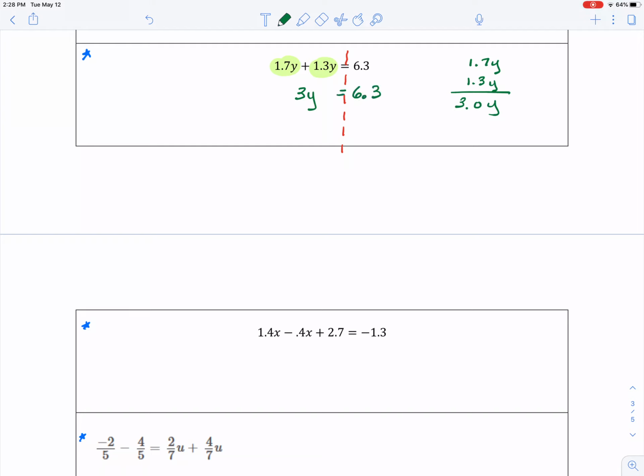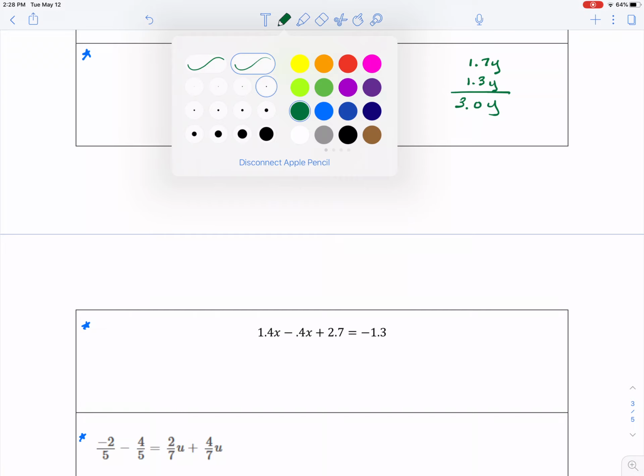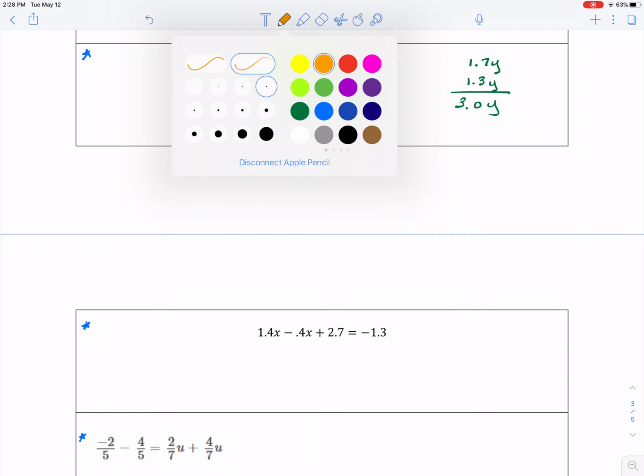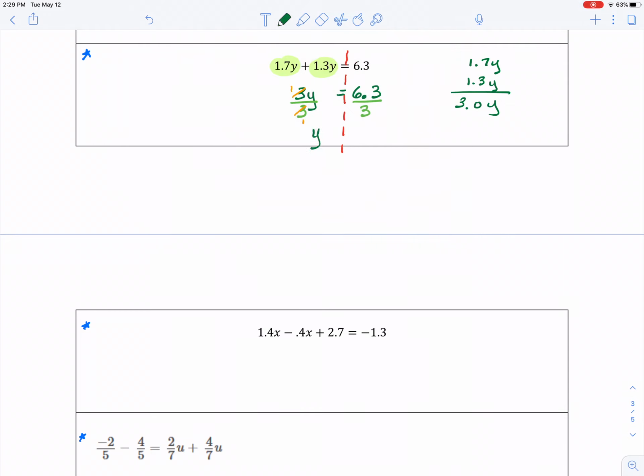So this one has 2 steps to it. I have to combine the like terms first, and now notice that there is a multiplier of 3 sitting out there in front of the variable y. So my next step is going to be to come in here, divide by 3 on both sides, and the reason I'm doing that, again, is so these will cancel out and take me to that positive 1y that I'm interested in.